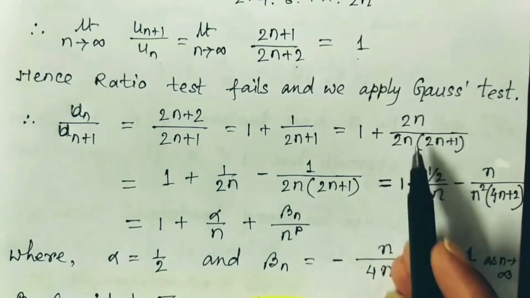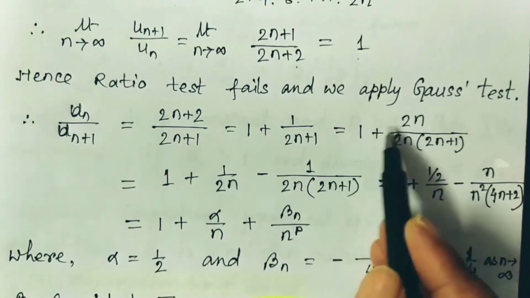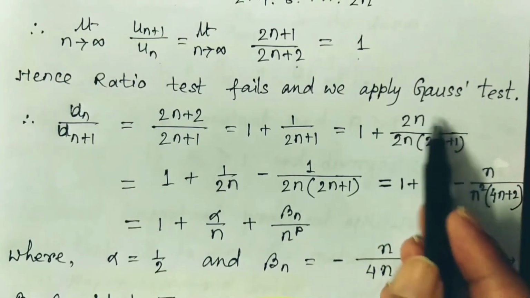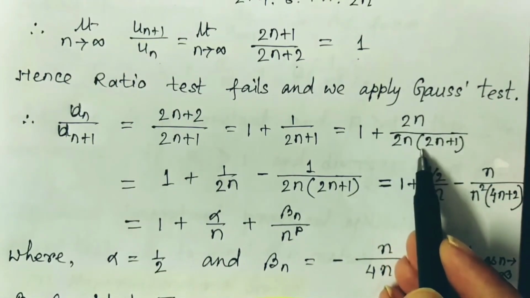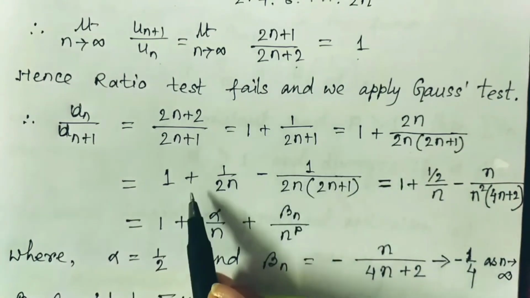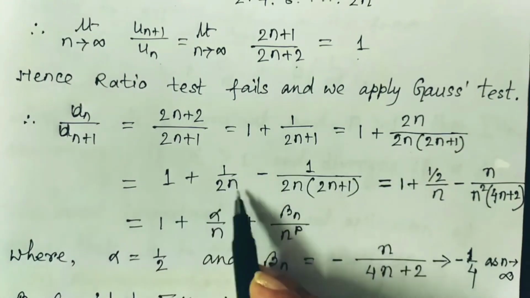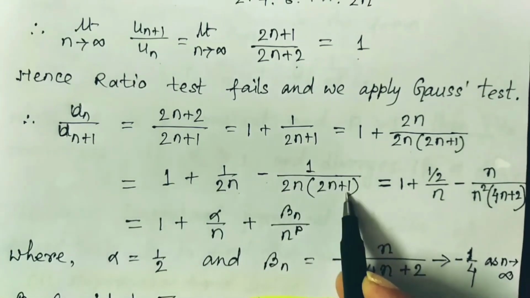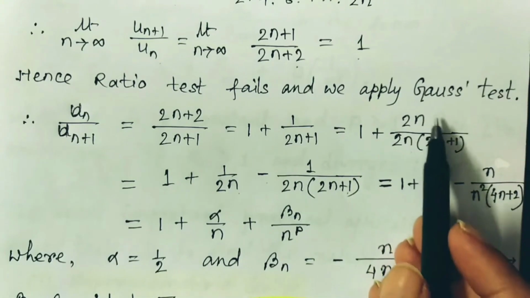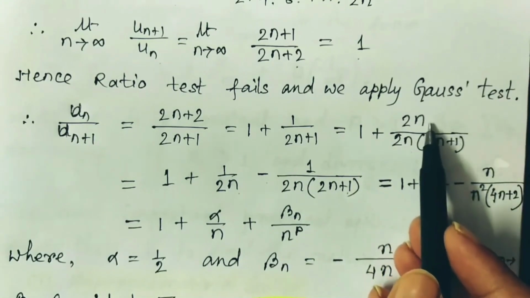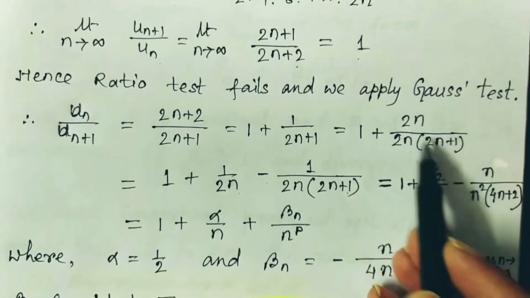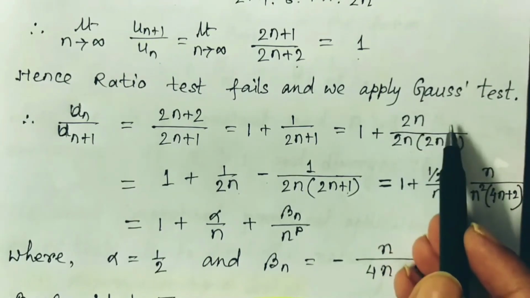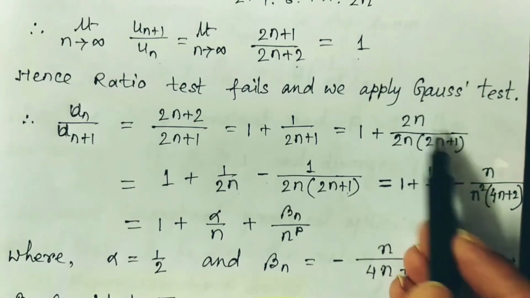Now if in the numerator we multiply by 2n, then we can write this, and after that we separate them as 1 plus 1 upon 2n minus 1 upon 2n divided by 2n plus 1. Just have a look. Here we can simply write 2n plus 1 and minus 1, so that this 2n plus 1 with this ratio will be cancelled, and the remaining part is minus of 1 upon this entire term.